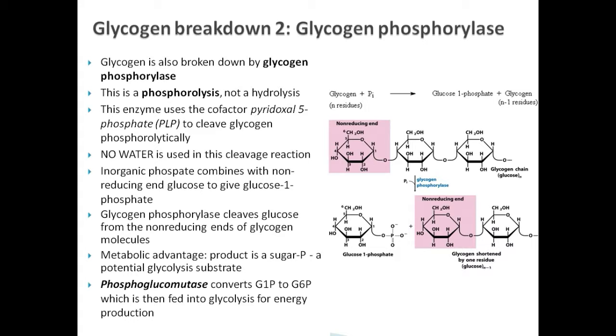So the net gain of ATPs in this breakdown reaction is then actually 3 ATPs, and not just 2 ATPs as it was with normal glycolysis starting with glucose. And so that is why we say there's actually a metabolic advantage in terms of energy gain when the substrate is glycogen and you use the glycogen phosphorylase enzyme to break down that glycogen.